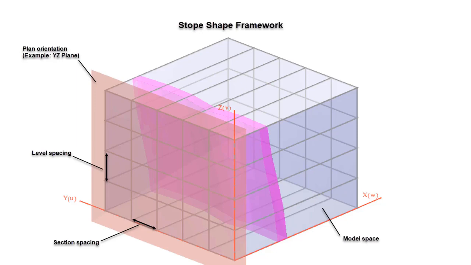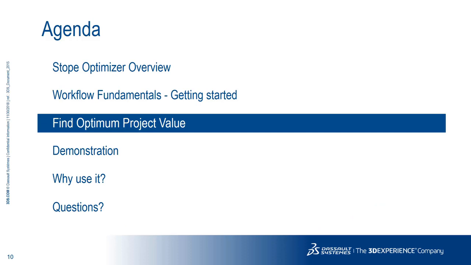We also need to define the section spacing, and this represents the strike extent of the stope, and also define the level spacing, and this represents the height of the stope. The model that we're looking at here, they are 20 metre by 20 metre panels, and that represents the maximum size or the full stope shape.